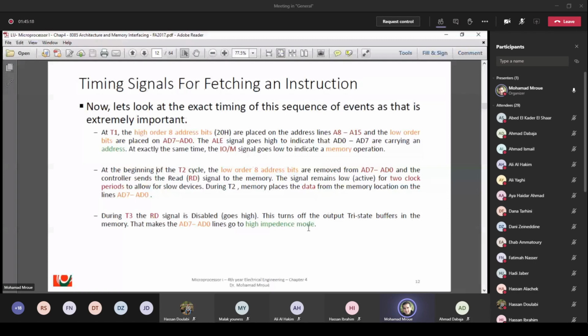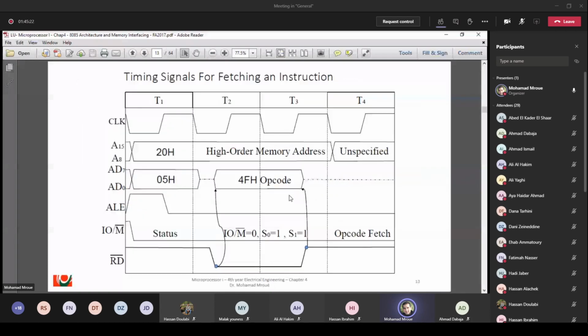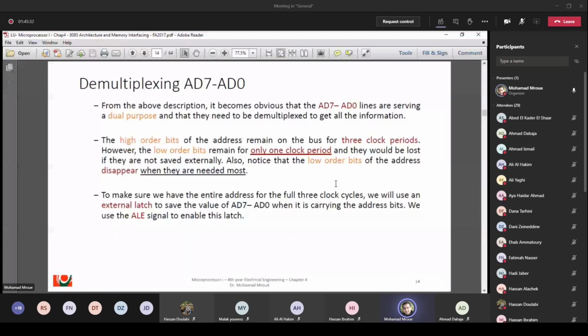So here the microprocessor must have already read the data. Okay, from the above description it becomes obvious that AD7 to AD0 lines are serving a dual purpose and that they need to be demultiplexed to get all the information.